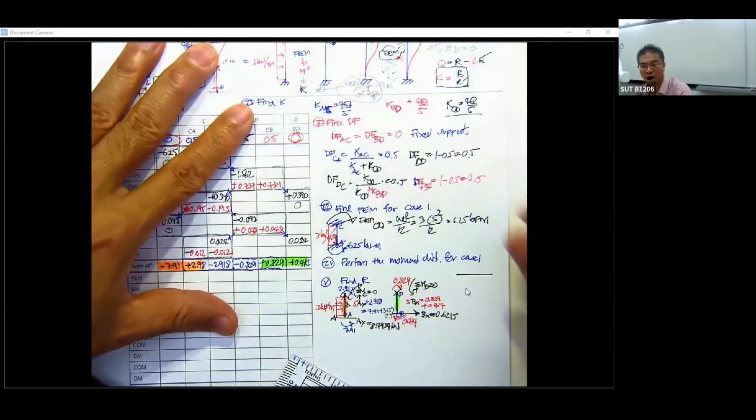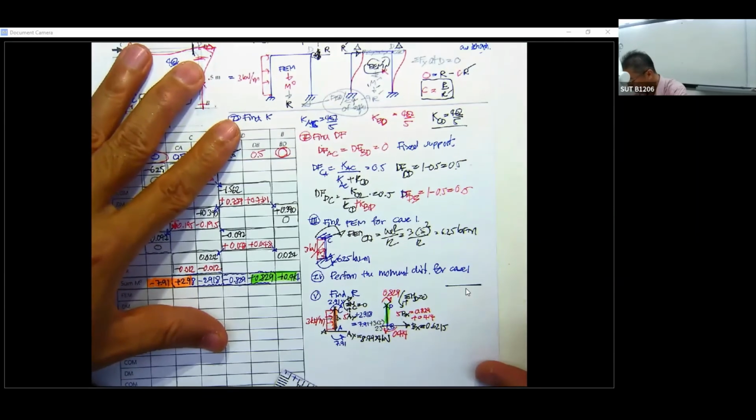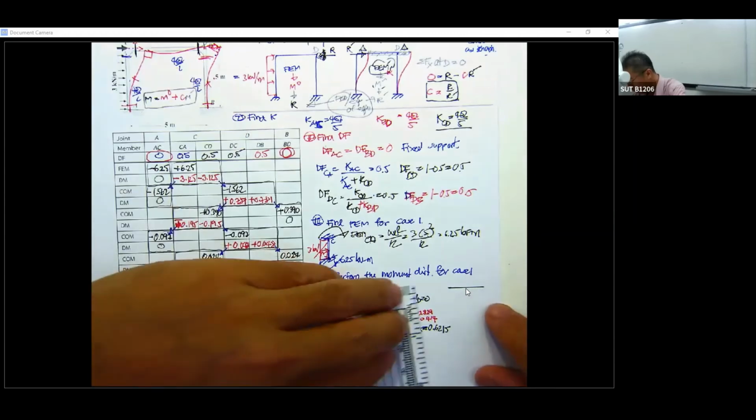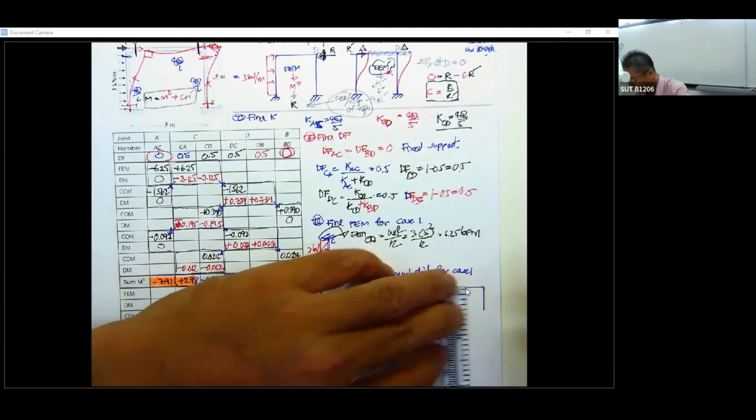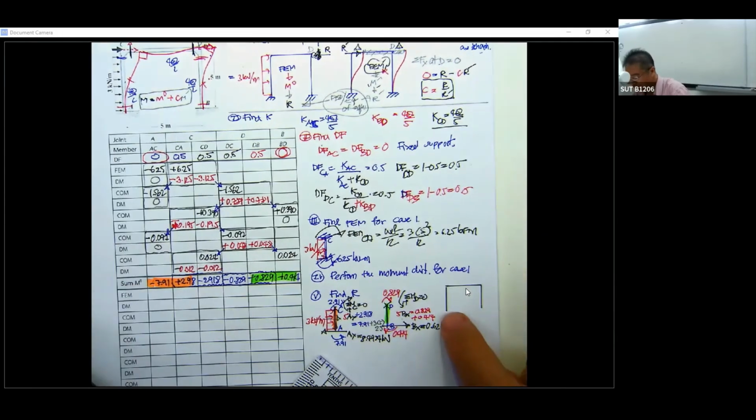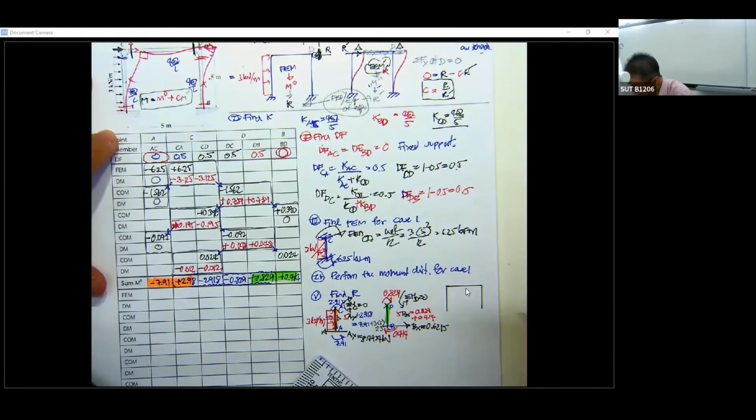And now you come to what you have for this frame. You must draw the free body diagram. Ajahn, you didn't draw a complete free body diagram. Yes, I didn't do that, because if we draw everything, it's going to be very messy. That's why we left something for our understanding.